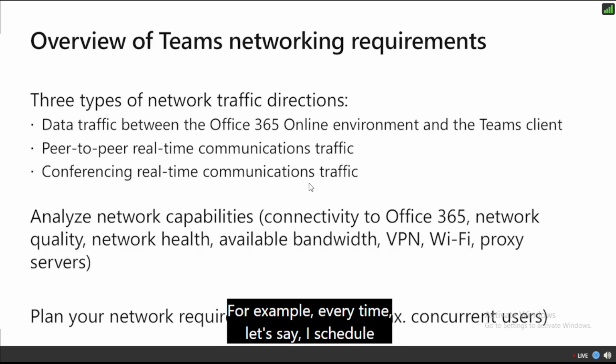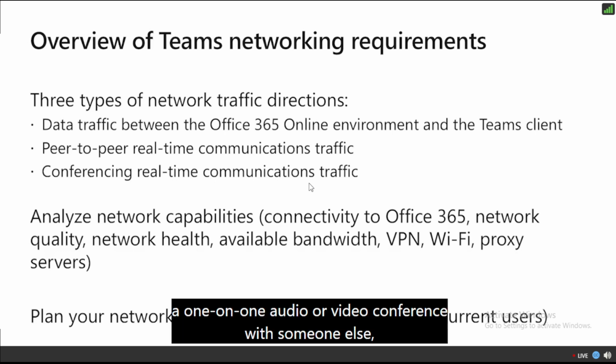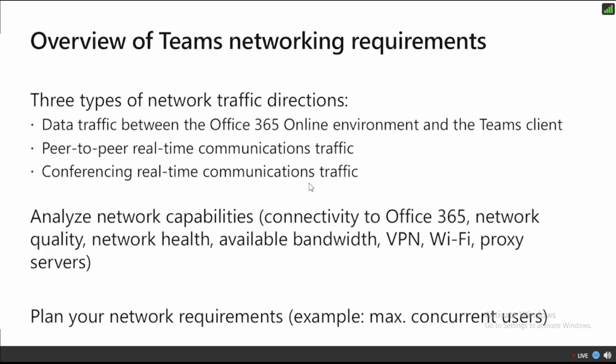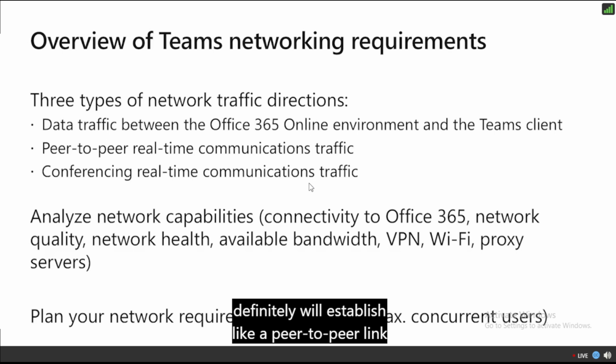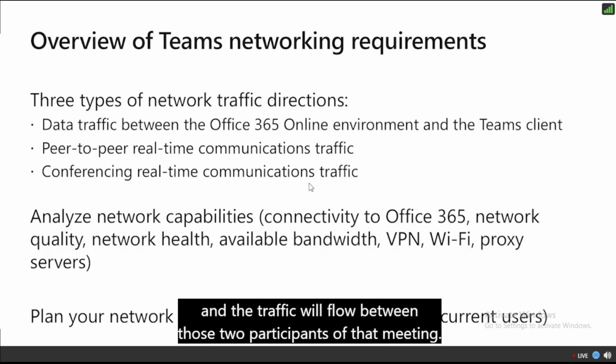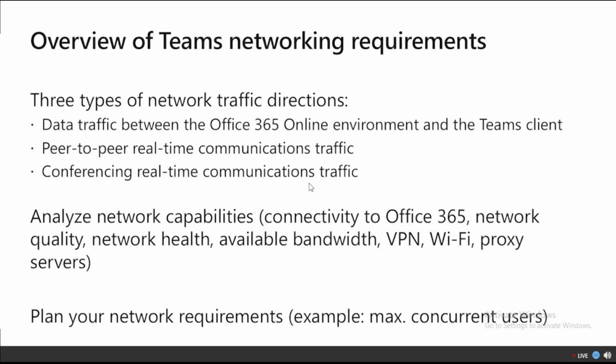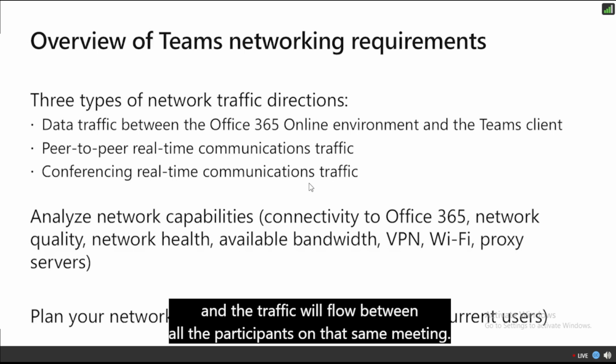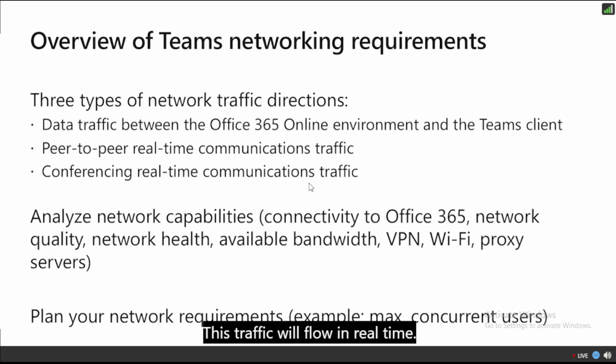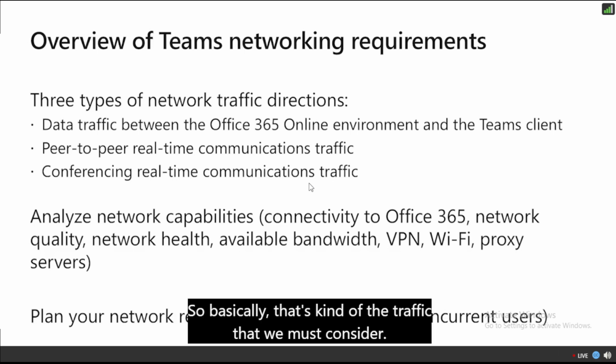For example, every time I schedule a one-on-one audio or video conference with someone else, it will establish a peer-to-peer link, and the traffic will flow between those two participants of that meeting. And the last one is one-to-many, which also establishes a connection, and the traffic will flow between all the participants in that same meeting. This traffic will flow in real time. So basically that's the kind of traffic that we must consider.